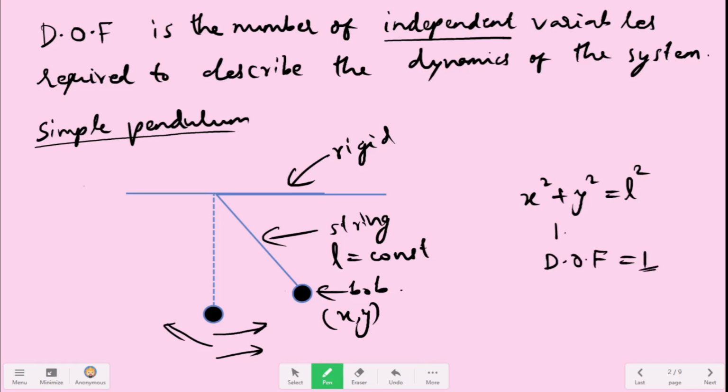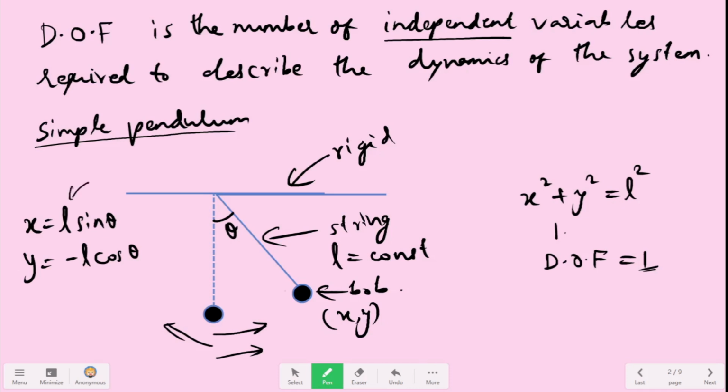Now, instead of using two dependent coordinates x and y, we can use a single independent coordinate, which is theta. Theta is the angle made by the string with its equilibrium position. And now we can write x is equal to L sine theta and y is equal to minus L cos theta.